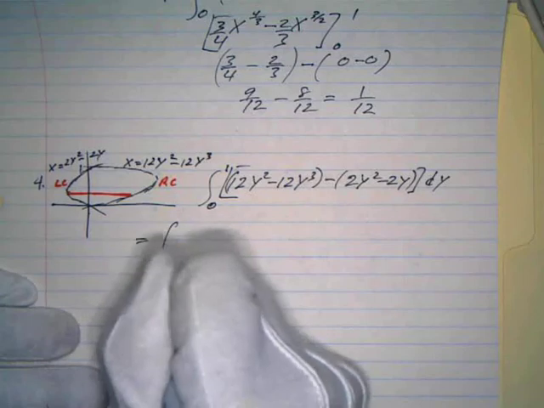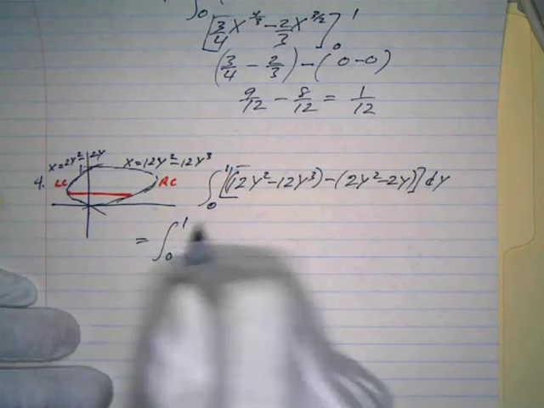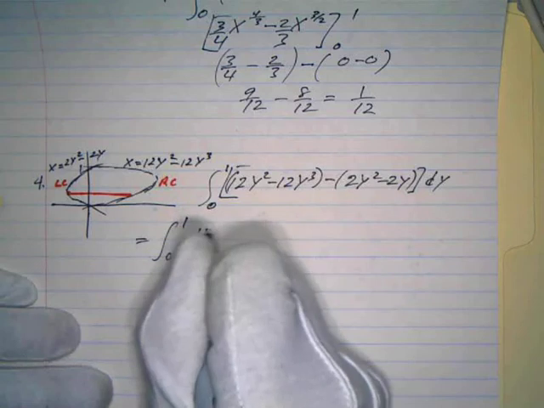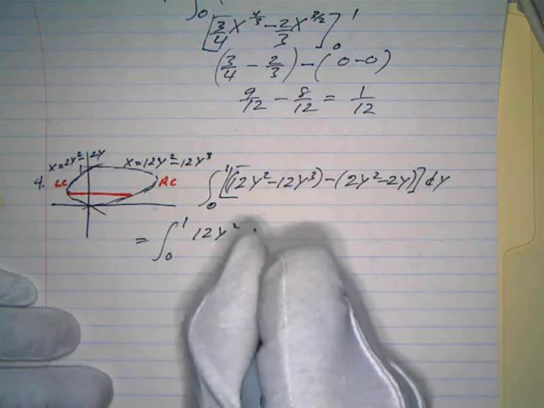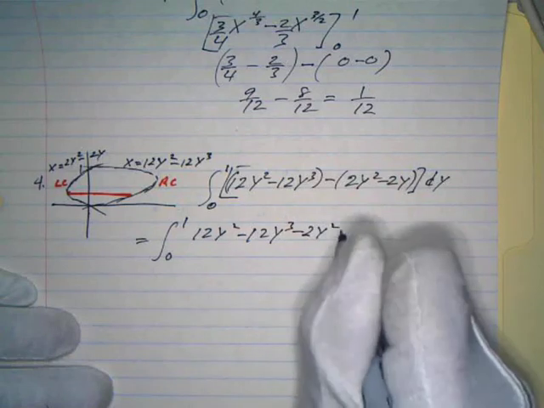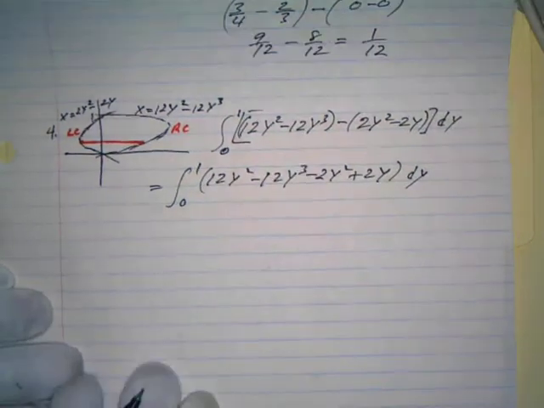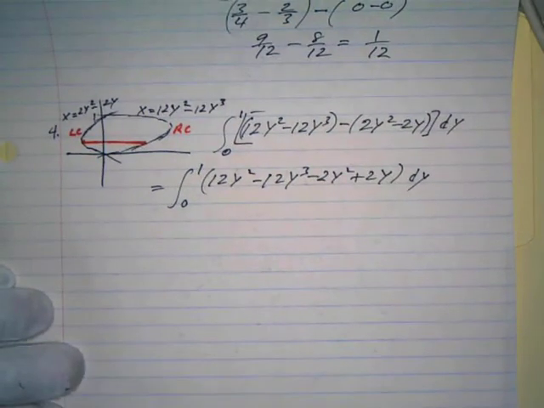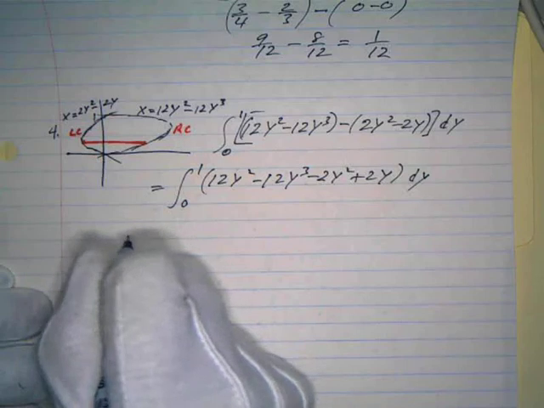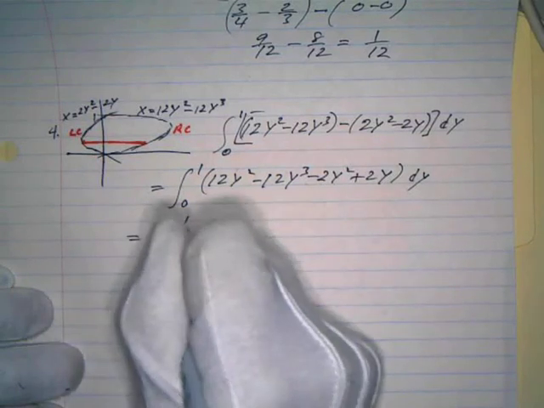So that just equals the integral from 0 to 1. And then we can simplify this a little bit. Remove the parentheses, so we get 12y squared minus 12y to the third minus 2y squared plus 2y, all dy. Okay. And then that equals, we can simplify one more time, 0 to 1.